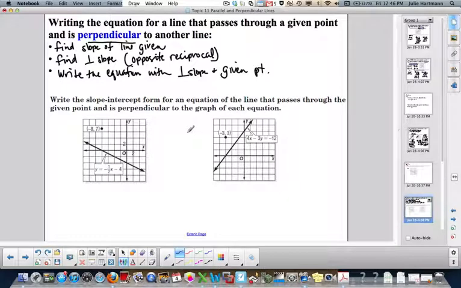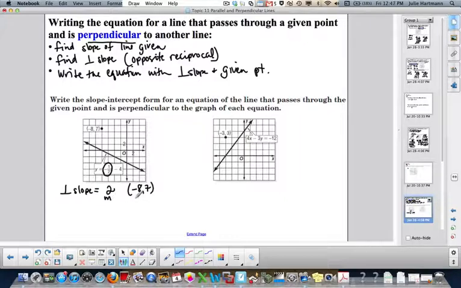Okay, so for this one right here, the slope of our line is negative 1/2. So the perpendicular slope, I flip that, it becomes 2, it was negative, becomes positive. So my perpendicular slope is 2, through the point negative 8, 7.